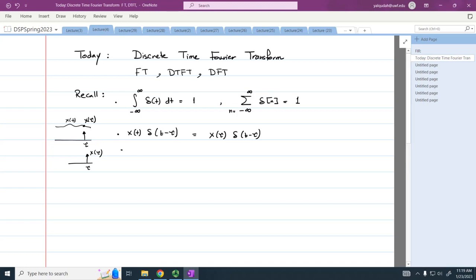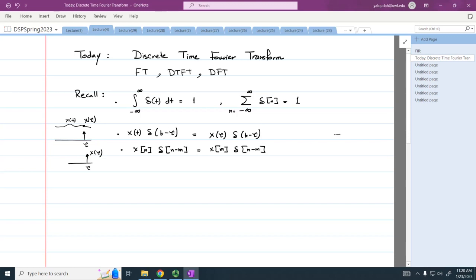Okay. Similarly, we can do something in discrete time. If I have x of n multiplied by delta of n minus m, what is this going to equal to? X of m, very good. What else? Times the delta. Very good. Again, something similar.